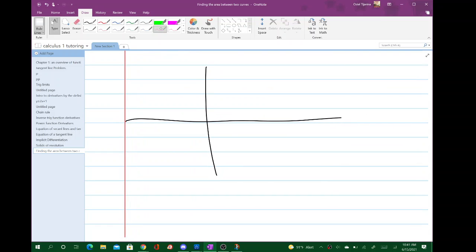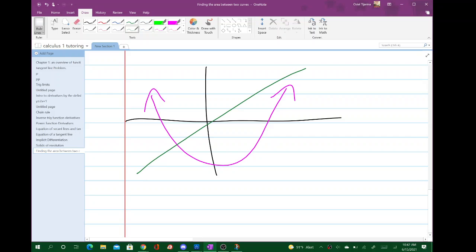If I have, for example, a curve like that, and then something like this, where let's say they both meet right here and right here, right? And these are the points of intersection.